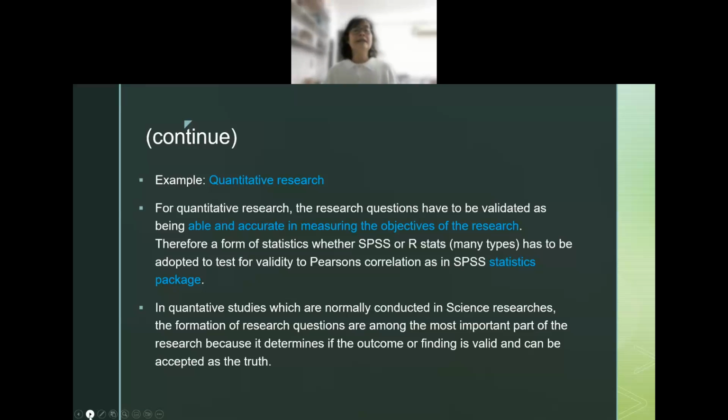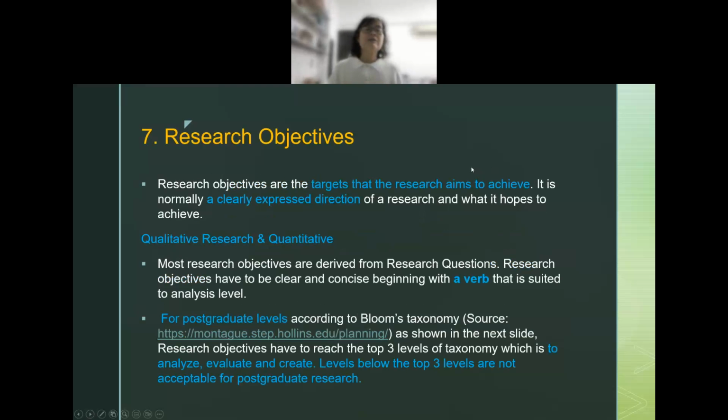Yeah. Okay, research objectives. Research objectives are the targets that the research aims to achieve. Remember, I told you what the objectives are. So they are the target. Most research objectives are derived from research questions. So when you have the 3, 4, 5 research questions, not only do you have a questionnaire to circulate to your subjects, you also have the objectives.